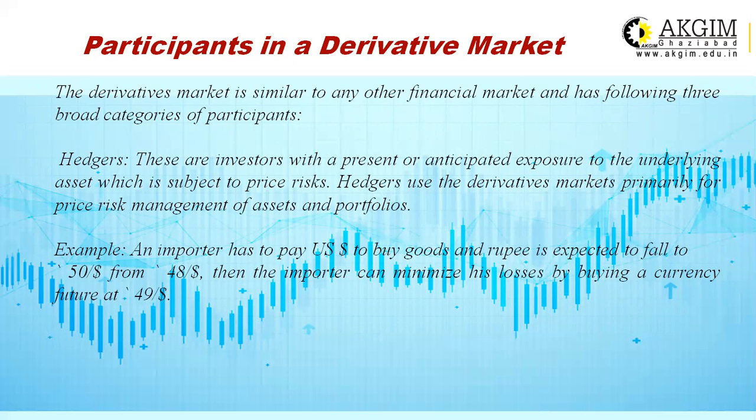They are going to hedge their risk. An example: an importer has to pay in US dollars to buy goods, and the rupee is expected to fall to 50 from 48 per dollar. Then the importer can minimize his losses by buying a currency future at 49 rupees per dollar.